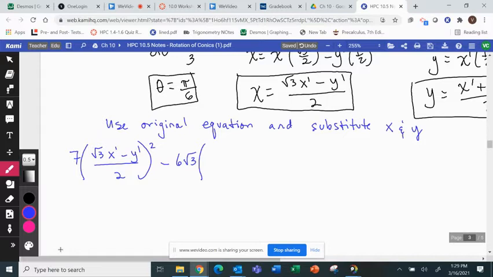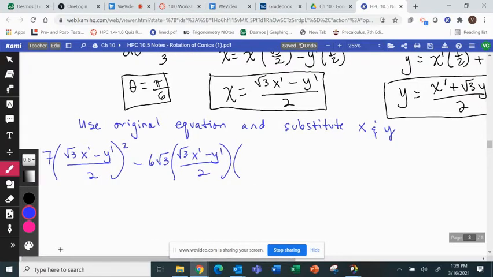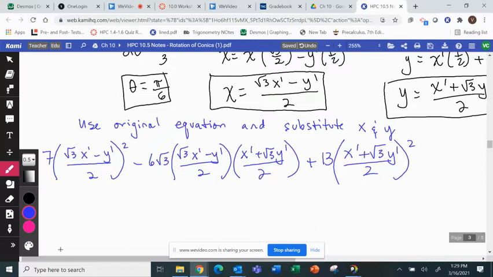So I'm going to have x, square root 3 x prime minus y prime over 2, times y, x prime plus square root 3 y prime over 2. Then we have plus 13, and that's times y squared. So x prime plus square root 3 y prime over 2, squared. And then we have minus 16 equals 0.